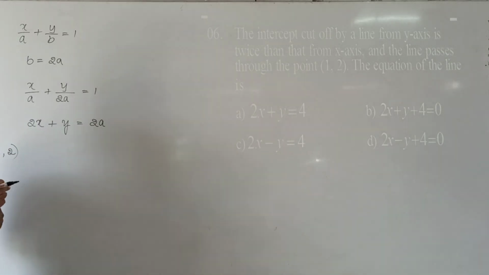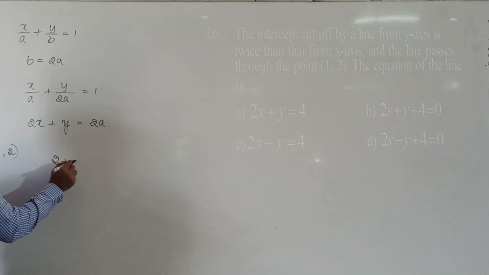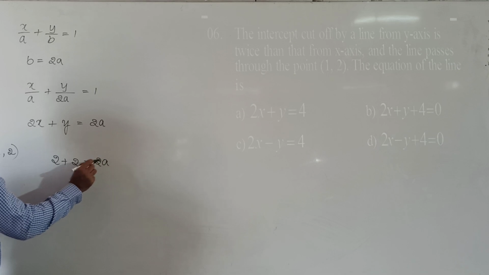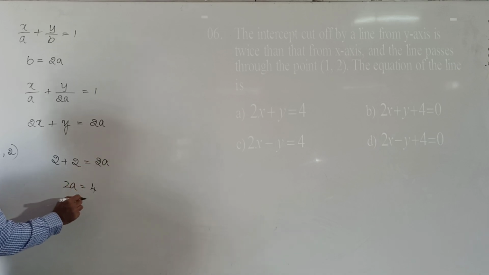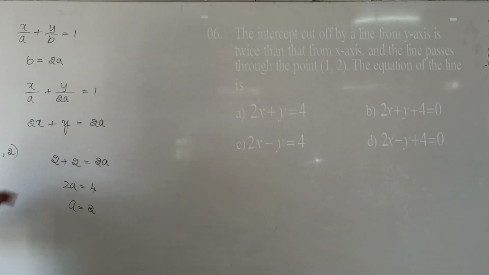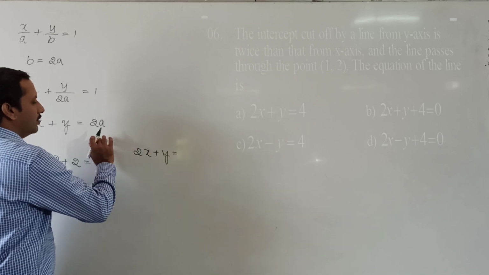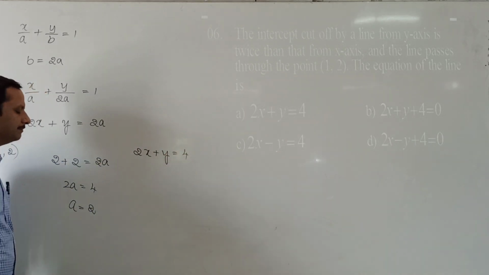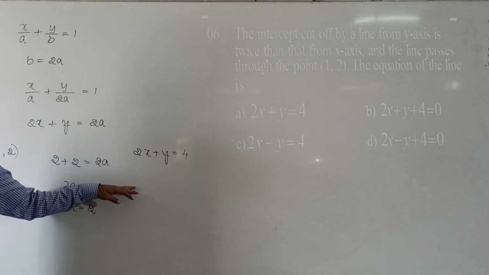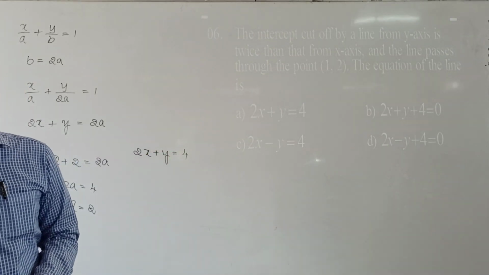Substitute. If it passes through (1, 2), we get 2 plus 2 is equal to 2a. So 2a is equal to 4, which means a is equal to 2. That I will substitute here, which will give you 2x plus y is equal to 2 into 2, that is 4. 2x plus y is equal to 4, which is option A.